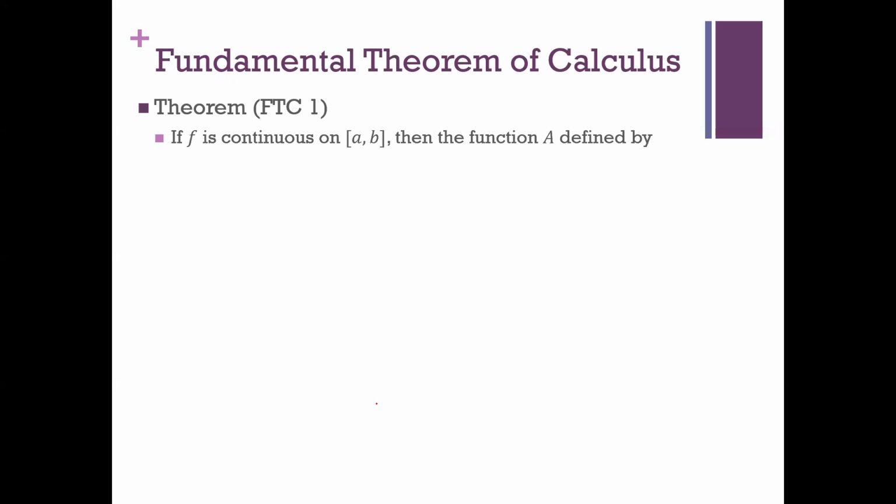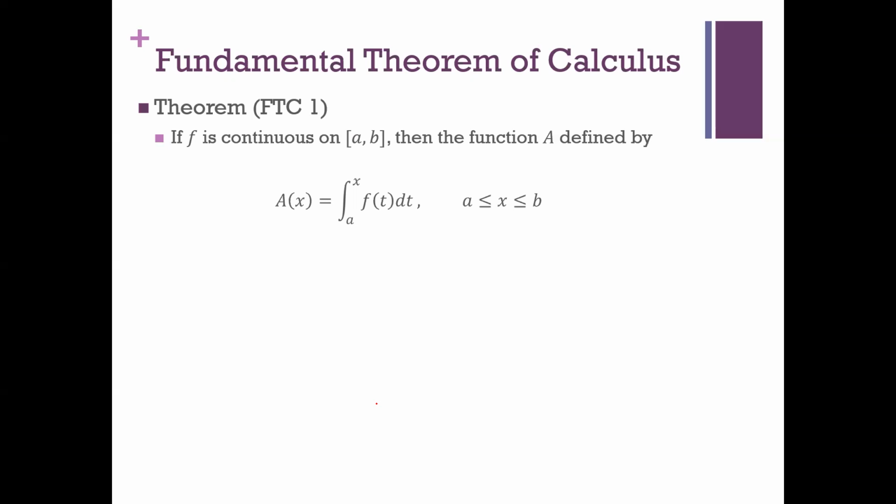So if I have some continuous function on some closed interval, and I have this function here, some function within an integral. If I integrate over that function, keeping that upper limit general, those two functions are united in this way.